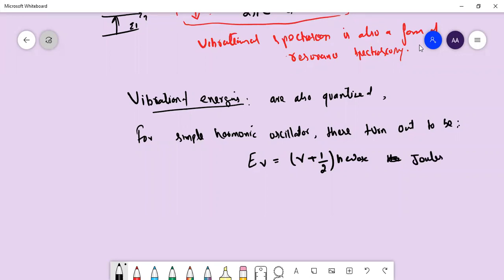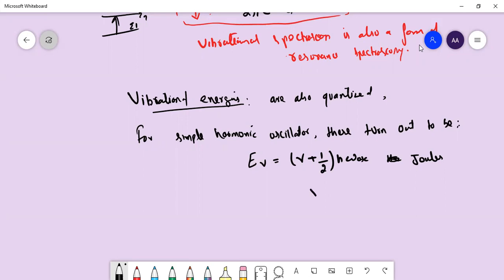Now when you solve the Schrodinger equation for a simple harmonic oscillator or for a diatomic molecule, you will get an equation of this type, where vibrational energy is equal to (v plus 1 by 2) h omega oscillation. This v is just like J in rotational spectroscopy, which was the rotational quantum number.